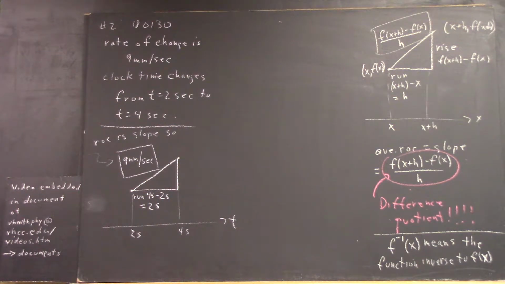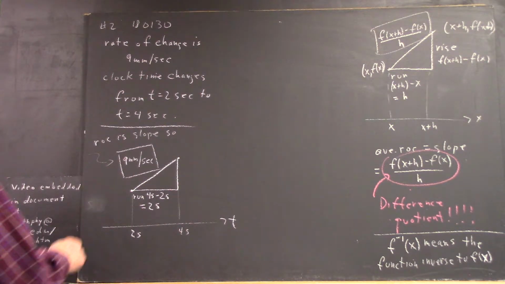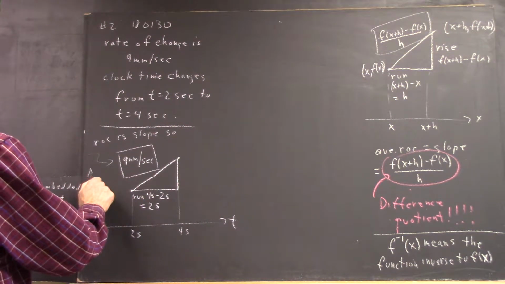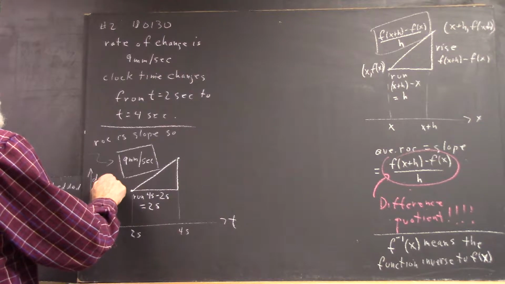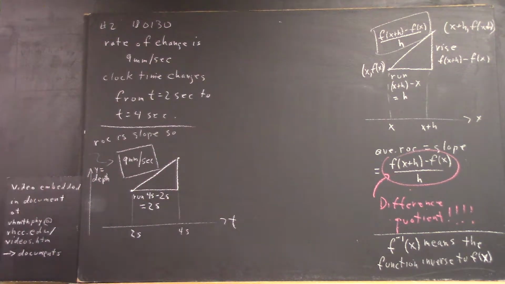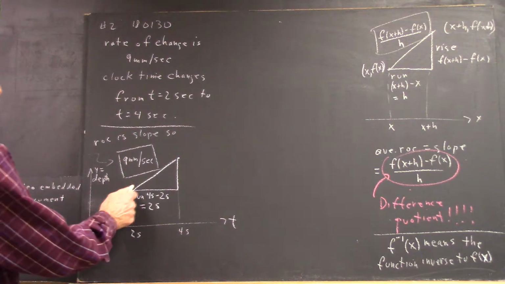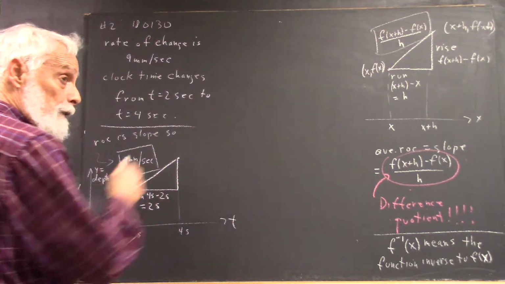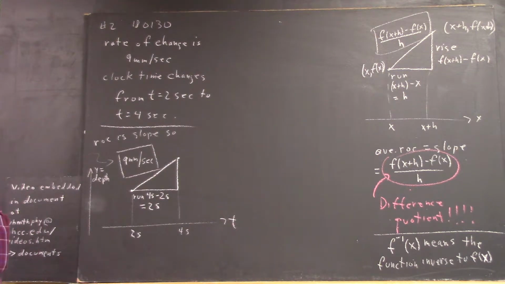Okay? Now, what's the rise? Well, you just do the run times the slope, right? We could say that y is depth, right? Now, we don't know the y-coordinate here or here, right? But we have enough information to figure out the change in the value of y.